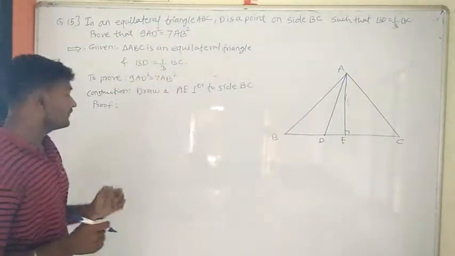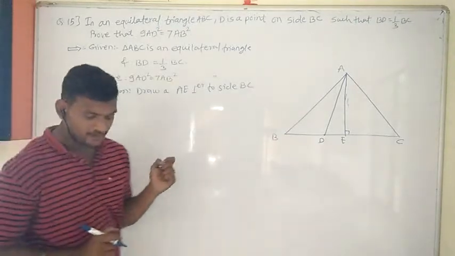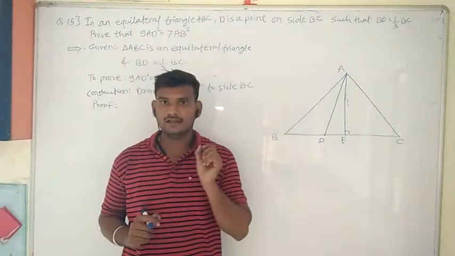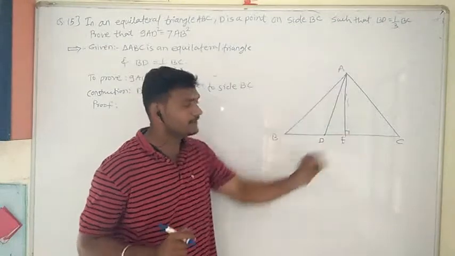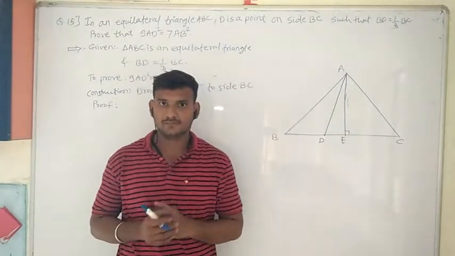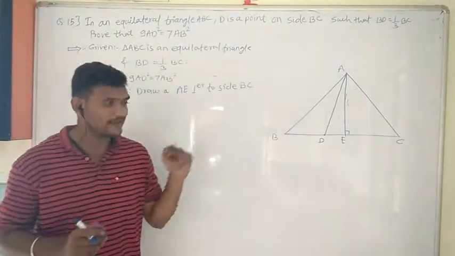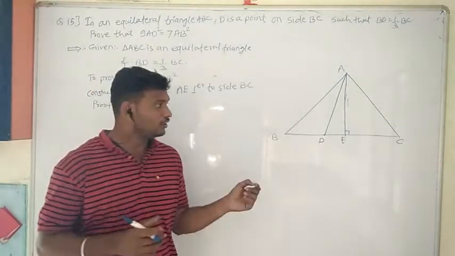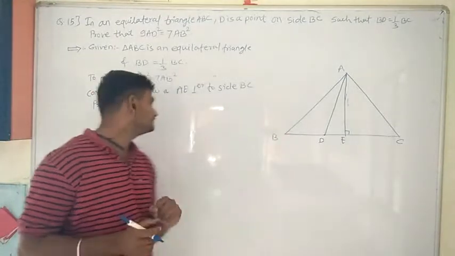Now proof. I think everybody knows that in an equilateral triangle, this altitude AE acts as a median. If you don't know, let us see how to prove this.